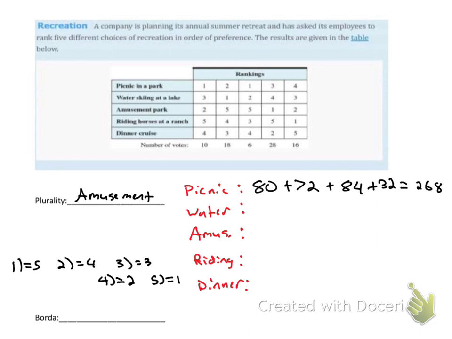So, picnic would be 16 first place votes would give you 80. 18 times 4 gives you 72 second place votes. Third place, 28 times 3 gives you 84. And then fourth place, 16 times 2 gives you 32. They don't have any fifth place votes. So that gives you 268, okay?